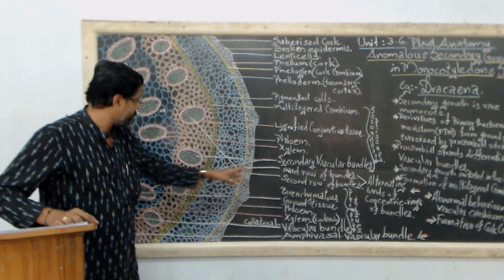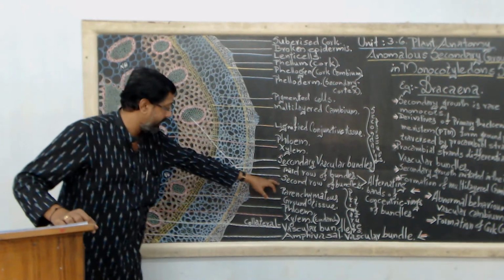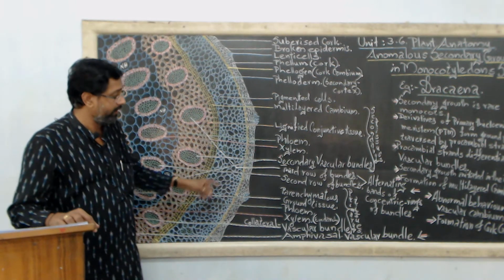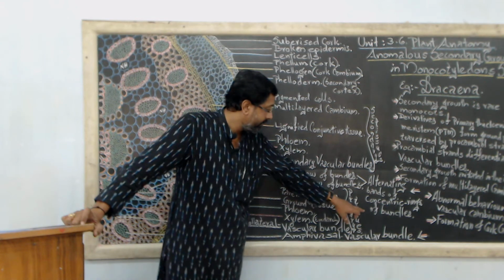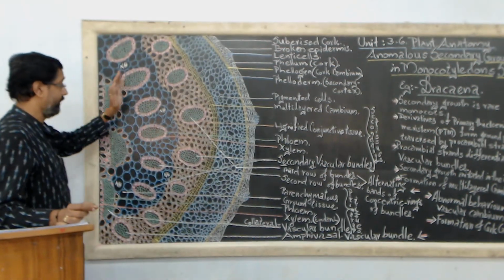And here we can see second and third bundles, and they are generally in alternating bands of concentric rings of vascular bundles.